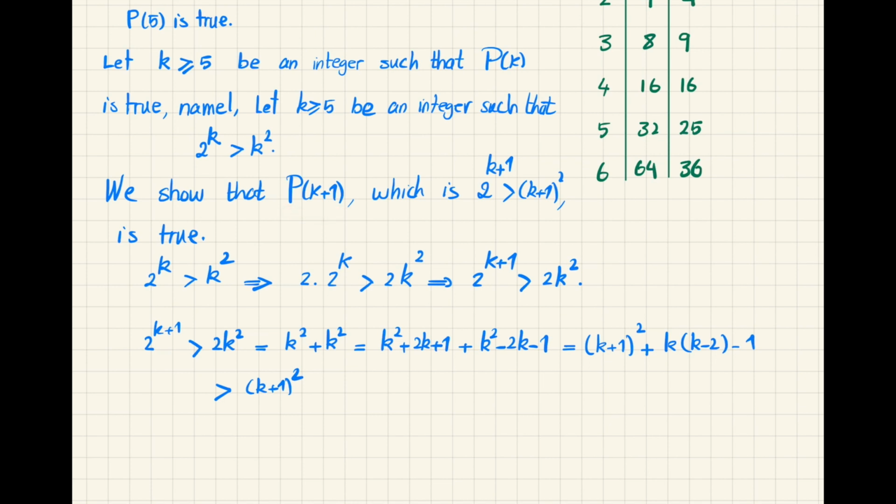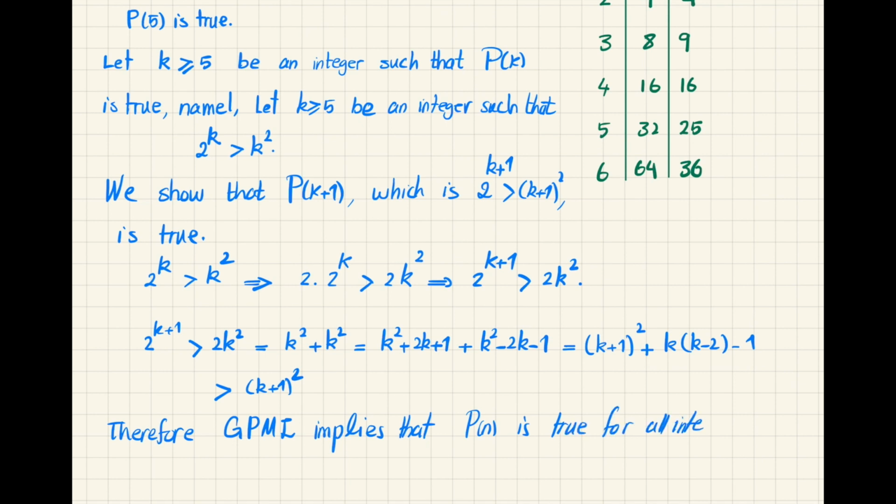So now, therefore, the general principle of mathematical induction implies that p of n is true for all integers n greater than or equal to 5. And that was the goal of this example.